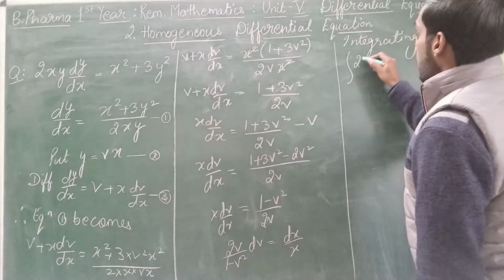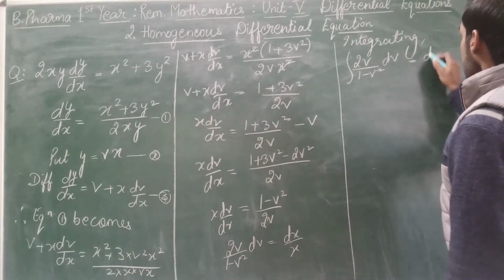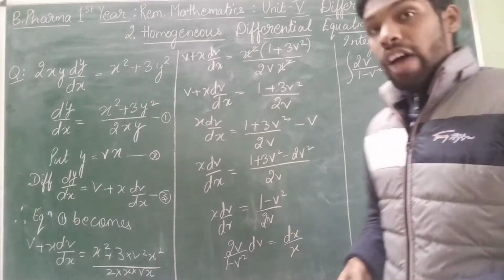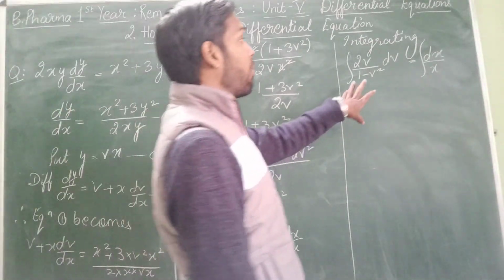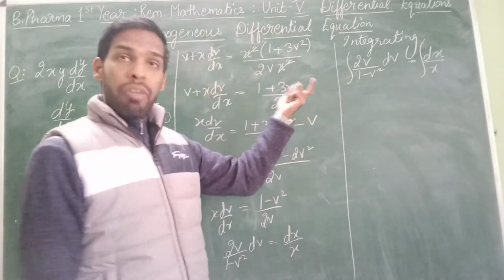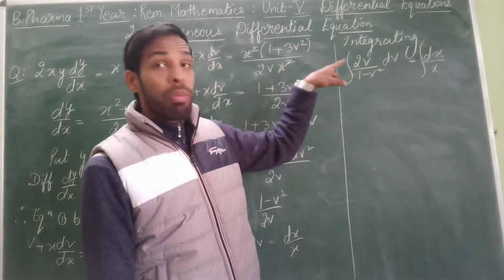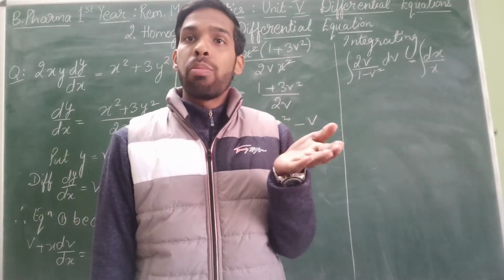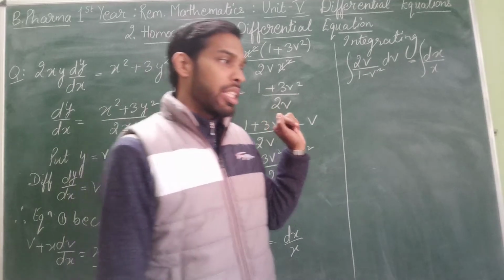So if you integrate, I have told you in the previous chapter of integration that if your function is of this type, in the denominator there is a function and in the numerator there is a differentiation of that function, then we used to integrate by substitution method, and what is its integration? Log of the function in the denominator, okay?